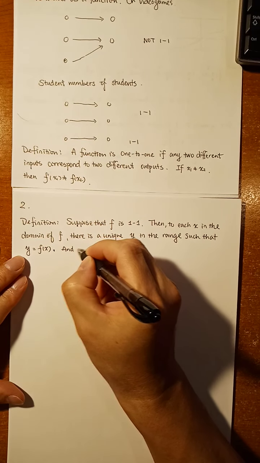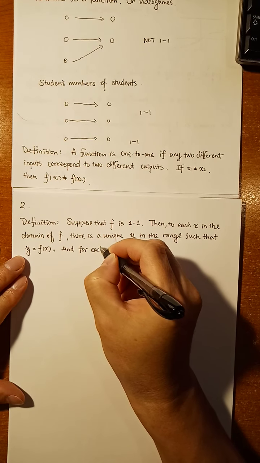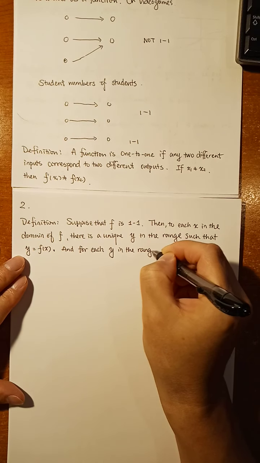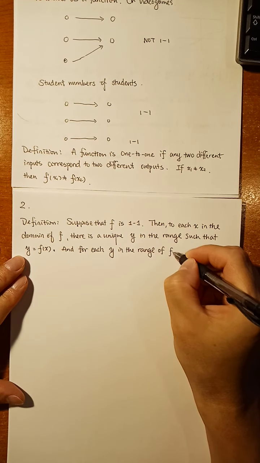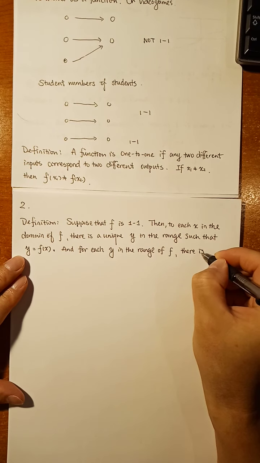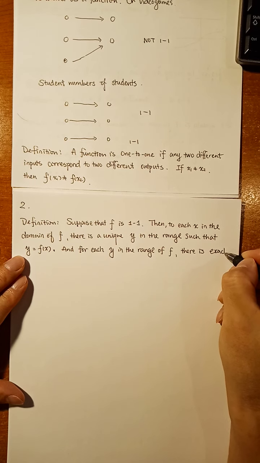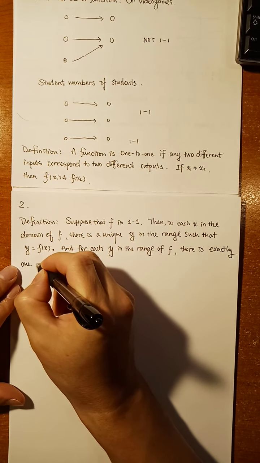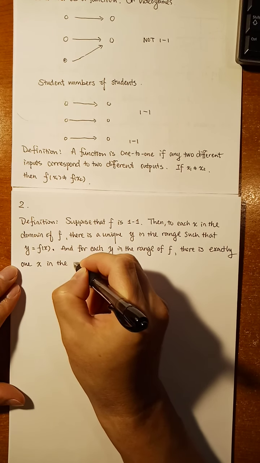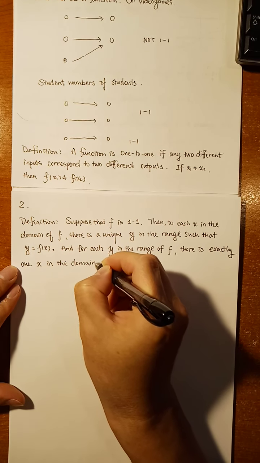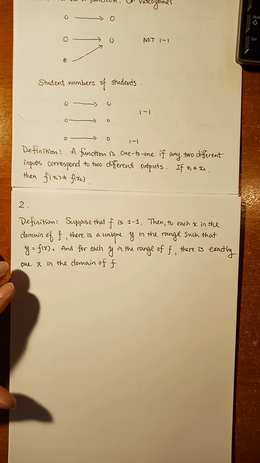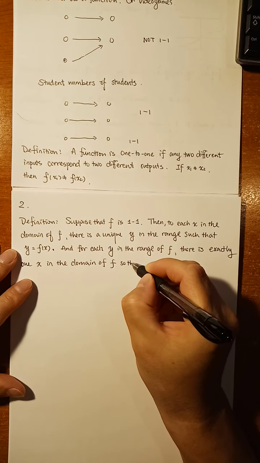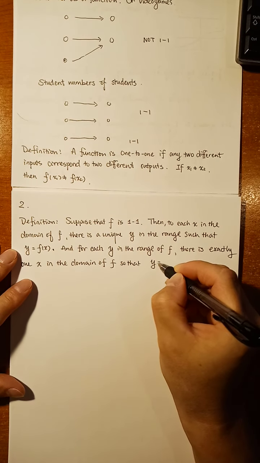And for each y in the range of f, there is exactly one x in the domain of f so that y is equal to f(x).